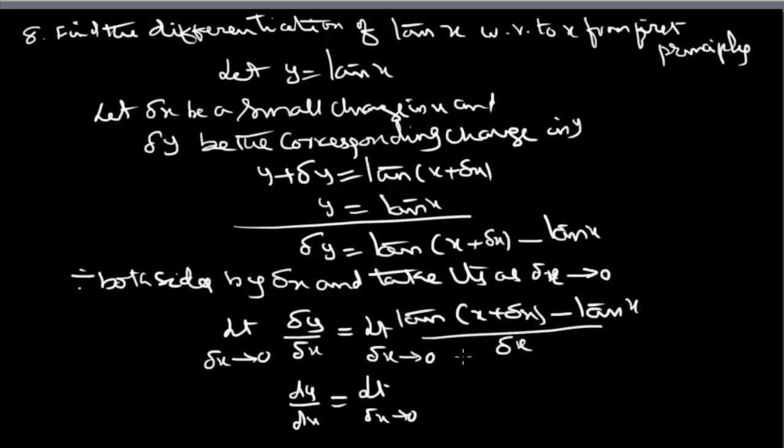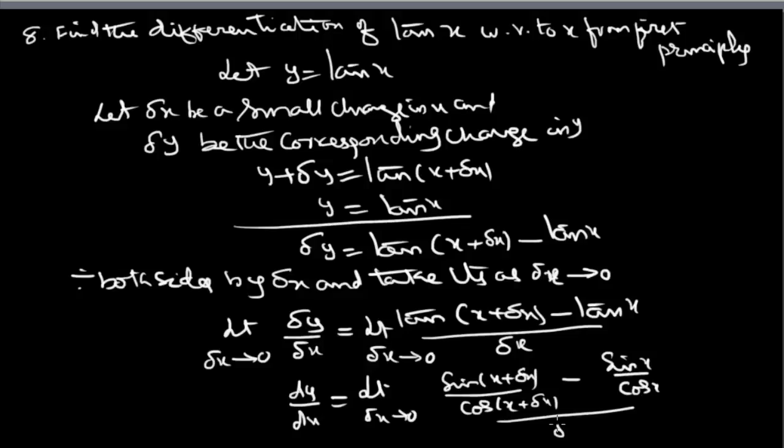So what we do? We write tan as sin by cos. Sin of x plus delta x by cos of x plus delta x minus tan x is written as sin x by cos x whole divided by delta x.